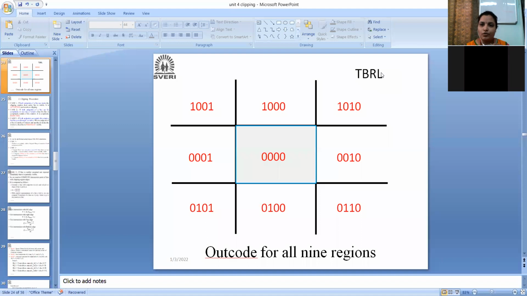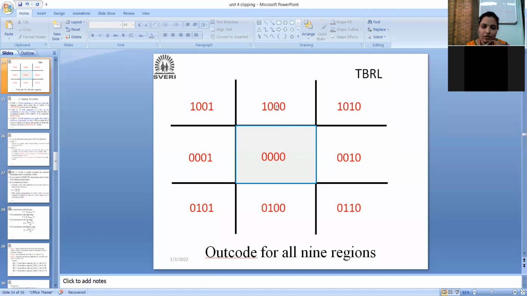TBRL is the short form: T stands for top, B for bottom, R for right, and L for left. This is the bit position. So the portion 1010 is at the top and right, and that's why the T and R values are set to 1, and the remaining 2 are 0. In the same way, the codes are provided to all the regions.